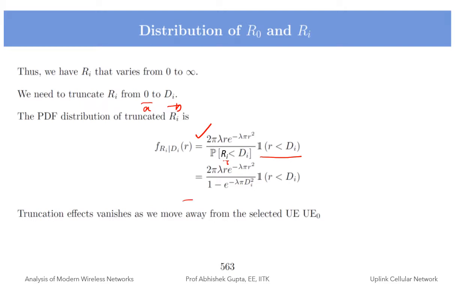So this whole thing is a conditional PDF, conditioned on Di. This means that I know the location of the UE, which is at Yi, and I know the typical tagged base station location, and this distance is Di. So conditioned on this Di, I am conditioning the distribution of Ri.